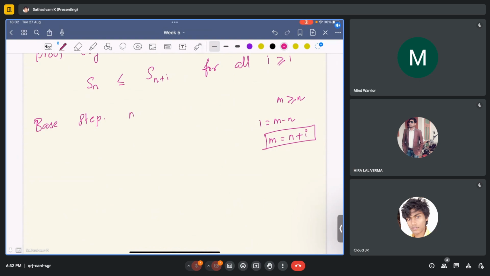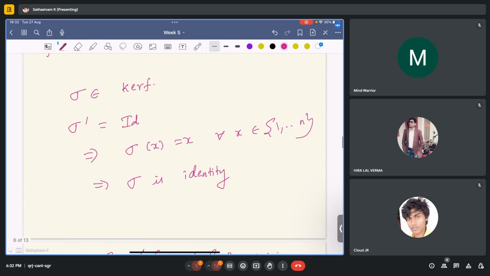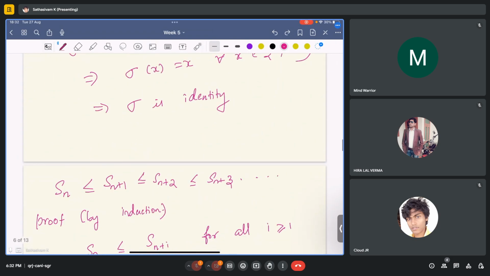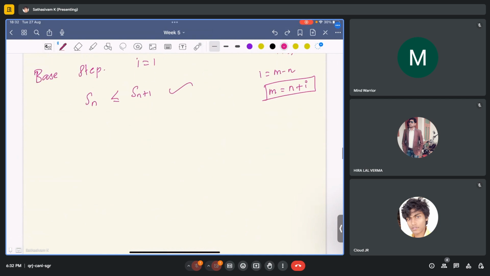So the base step is where i is equal to 1. In this case, what we need to prove is Sn is contained in S n plus 1. But this we have proved anyway, just here. So now, assume that for i equal to k, Sn is contained in S n plus k.